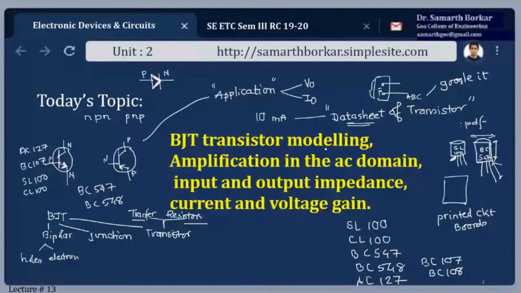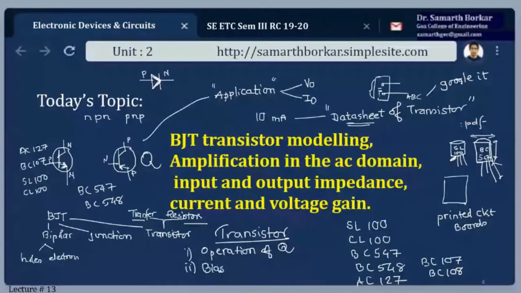One is how the transistor works: the working, the operation of the transistor. The transistor is denoted as Q. And secondly, a concept you might have come across is the biasing of transistors, and why it is very much essential. If these two things are known, then we can design the amplifiers.